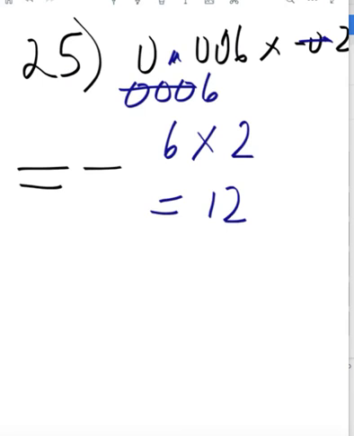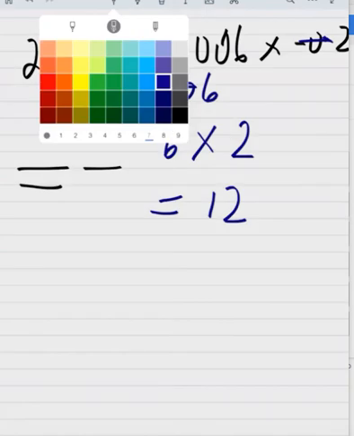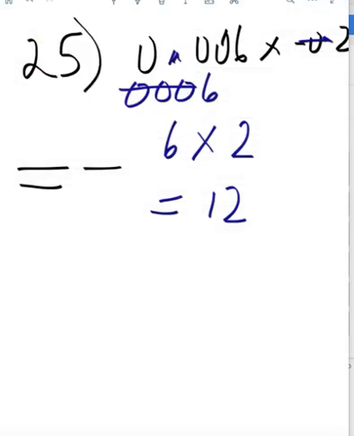The next step is go back to the question, or the two numbers you're multiplying. So the decimal was there, and it was also there, 0.2. And count how many decimal places there are in total. So here I've got 1, 2, 3 decimal places, so 3 numbers after the decimal. And here I had 1 number after the decimal. So in total, there were 4 decimal places, which means I now have to move the decimal in my answer.